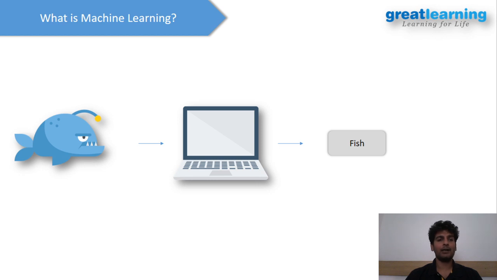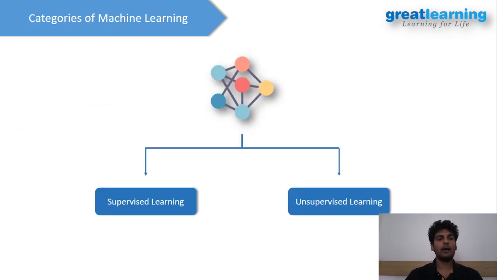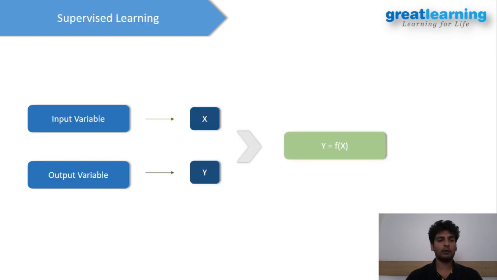Right, and now that we know what exactly is machine learning, we'll have a look at the categories of machine learning. Machine learning can be broadly categorized into supervised learning and unsupervised learning. And we'll start with the first one, which is supervised learning. In supervised learning, you basically have output variables and input variables.